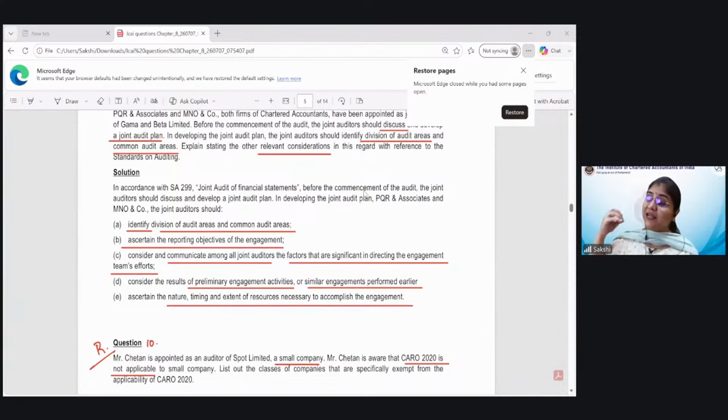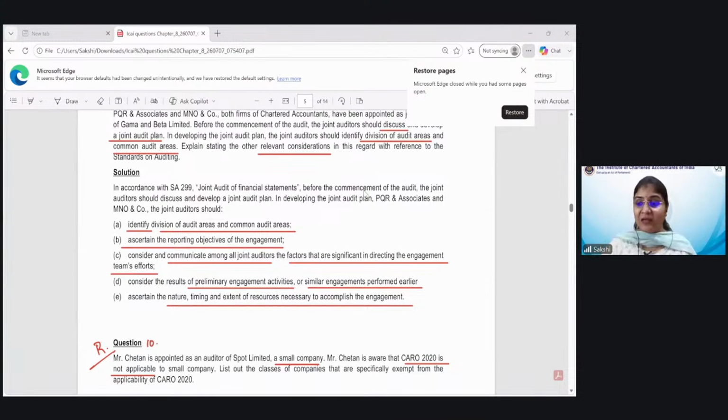So it is not that A has done and B is still doing, C has not yet started. No, they are deciding that this is the nature of work we are doing, this is the extent of work that each firm is doing, and this is the timing. When are we going to do? They will do in the middle, we are going to do at the end, and we are going to complete it together like that.